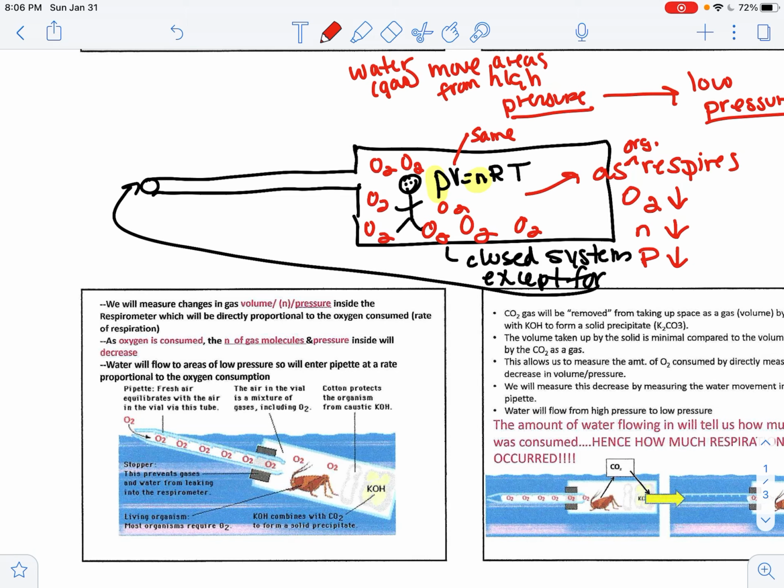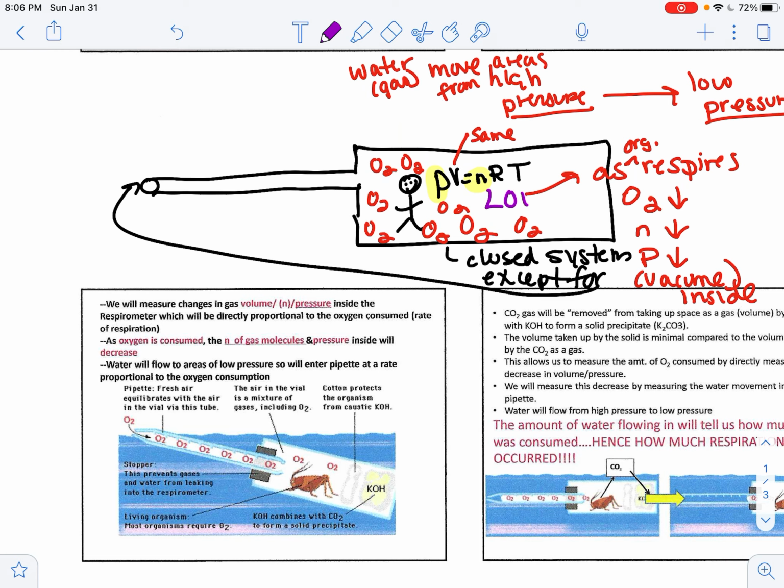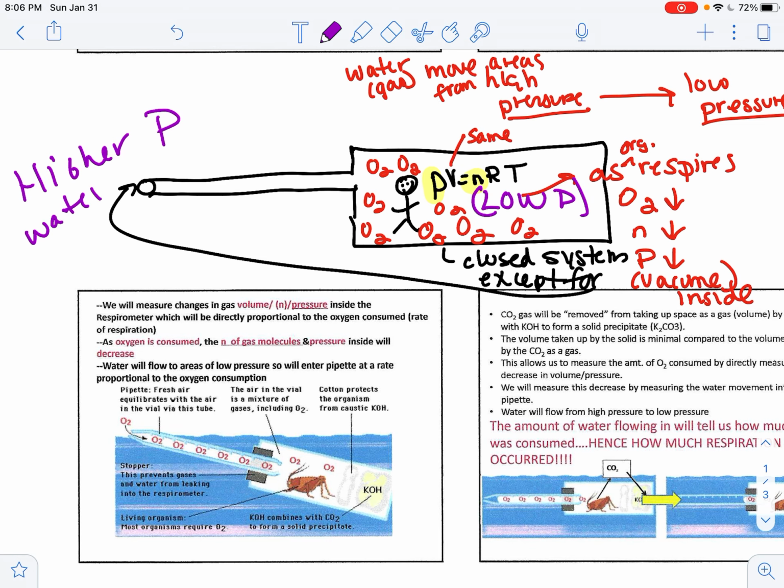As the pressure decreases, think of it like there's a vacuum. It almost creates a vacuum inside, okay? The inside is going to have a lower pressure than the outside. Okay, so if we now have a lower pressure inside here, and we have a higher pressure outside here, what's going to happen is the water is going to get sucked in.